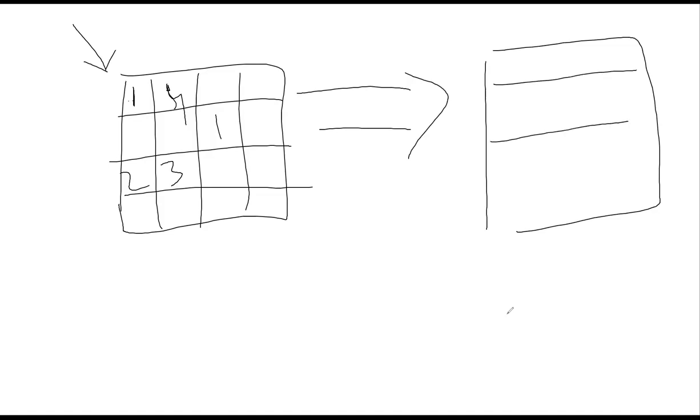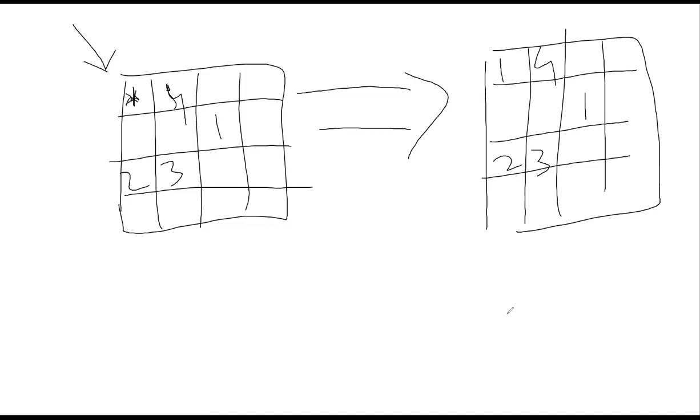My input is something like this: 1, 4, 1, 2, 3. Right? So you see there's a recursive pattern. The problem solution is exactly the same. The only thing is your input state has changed. Earlier it did not have this one, now it has 1. Right? And now you have to try to figure out everything in this box.